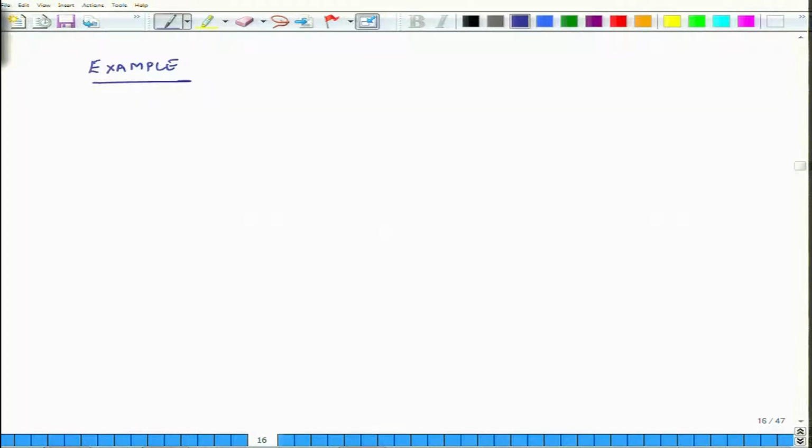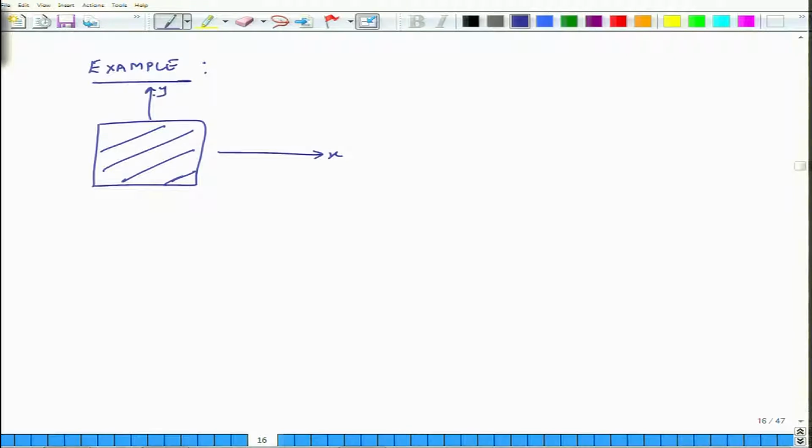So, we have a material where the fibers are oriented like this, and this is my x axis, this is my y axis. So, this theta we say is 45 degrees.